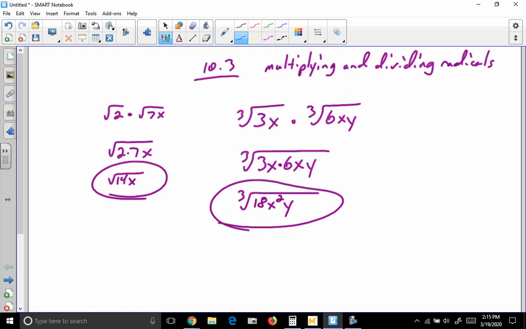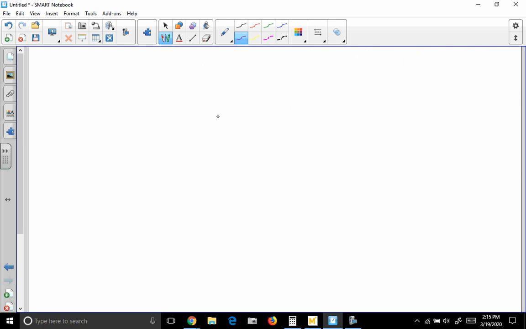But this rule, where we can write different radicals as a single radical, we often use to break apart radicals. For example, if we have the square root of 18, 18 is not a perfect square, but it does contain a factor that's a perfect square. 18 is 9 times 2, and 9 is a perfect square.